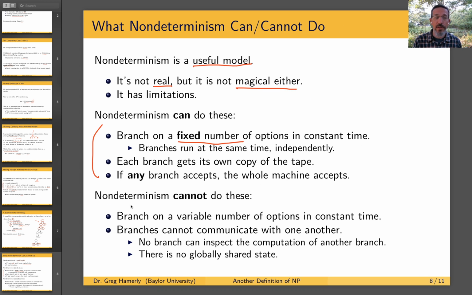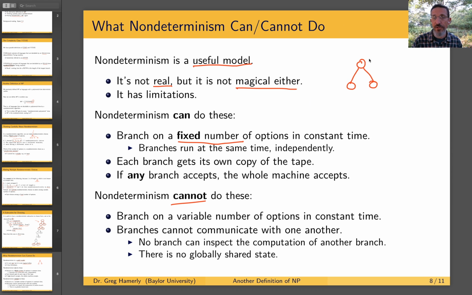However, non-determinism is limited in that it cannot do the following things. It cannot branch on a variable number of options in constant time, like we just saw. And in addition, branches can't communicate with one another. If I have a branch here and a branch here, they cannot talk to one another.